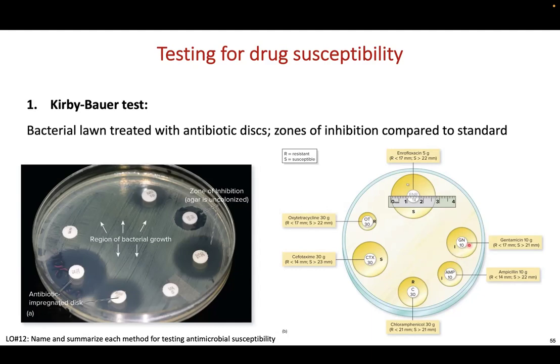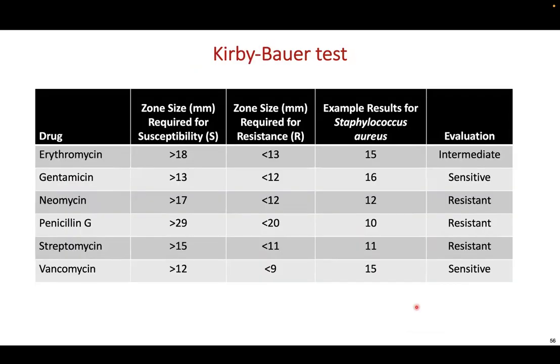As you can see, this specific one has a bigger circle around it, and this one has a smaller one. This means the bacteria might have antibiotic resistance towards this one compared to these ones, and it keeps going on and on.